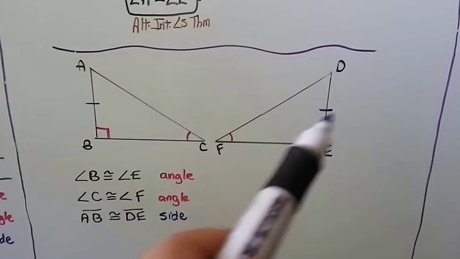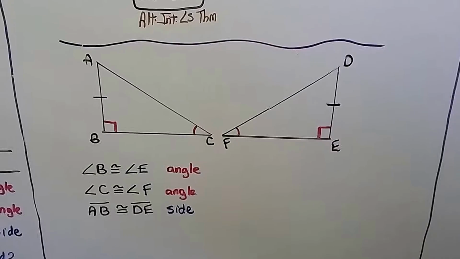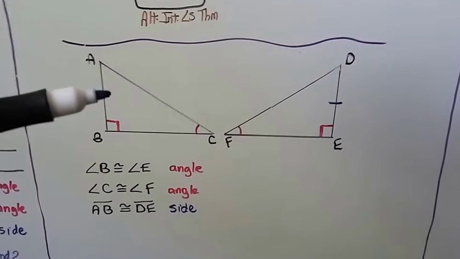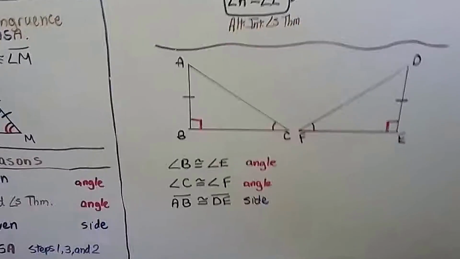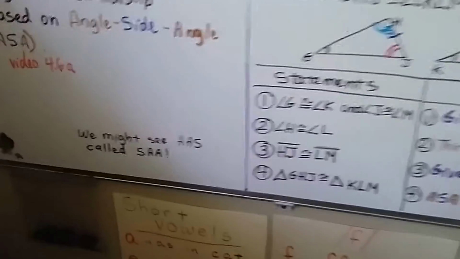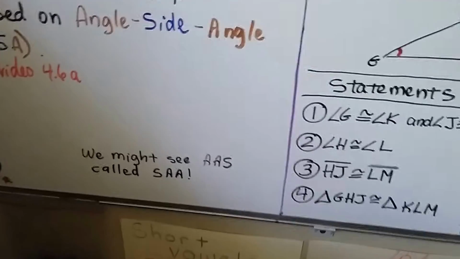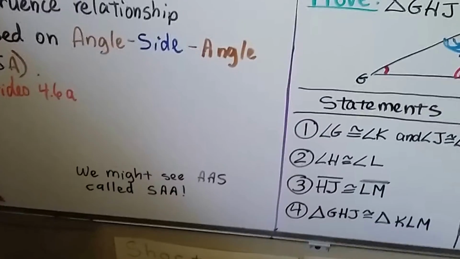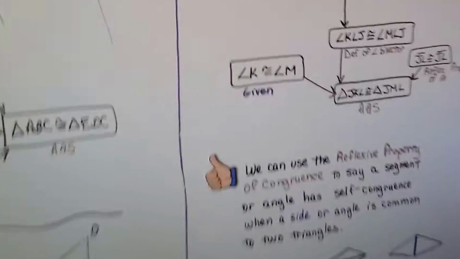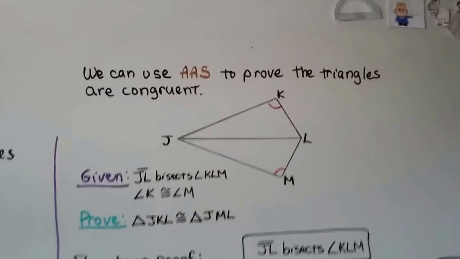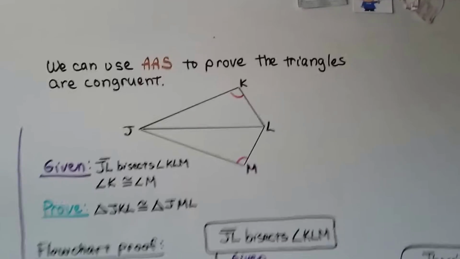And then we have a side that are congruent. So it's angle, angle, side. And for this one, you could say side, angle, angle, couldn't you? So you might see the AAS written as SAA. It's the same thing. It's just some books turn it around. It's two angles next to a side, okay? All right? So we can use AAS, that angle, angle, side, to prove the triangles are congruent.